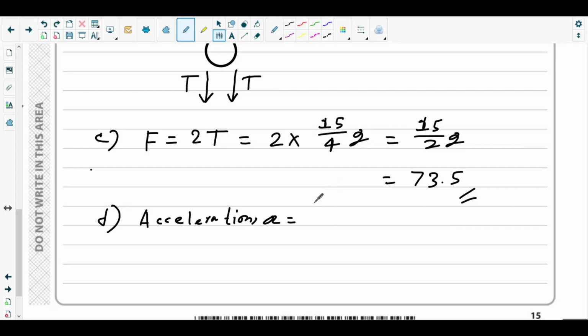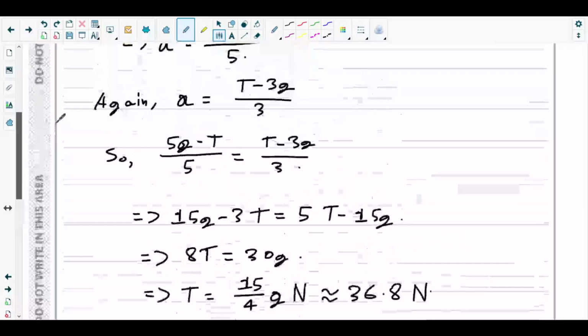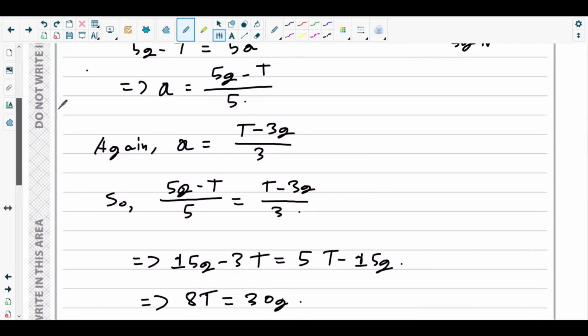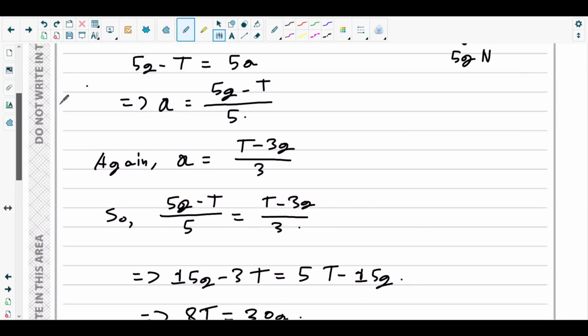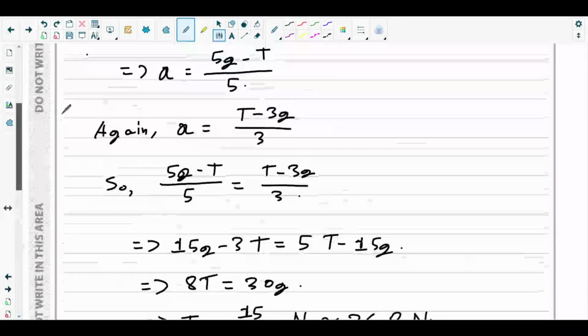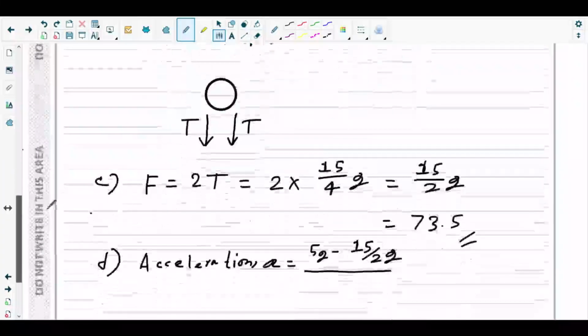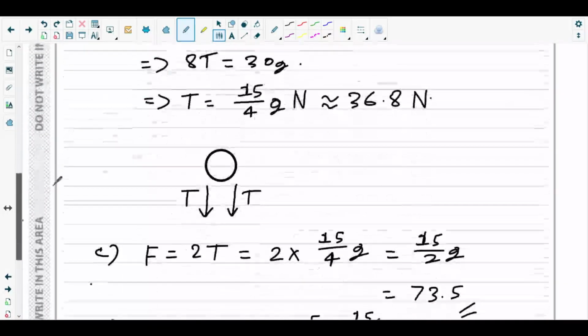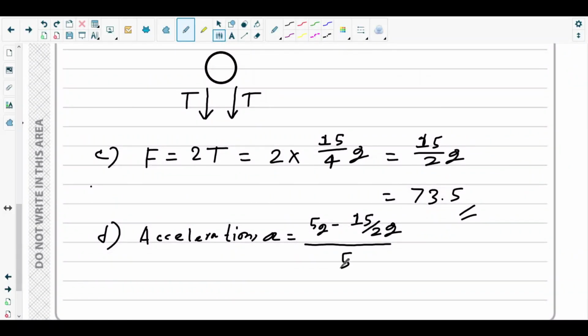Okay, so 5g minus t, this is 15 over 2g over what? 15 over 2g. Okay, 5g minus 15 over 2g over 5. This is the acceleration.